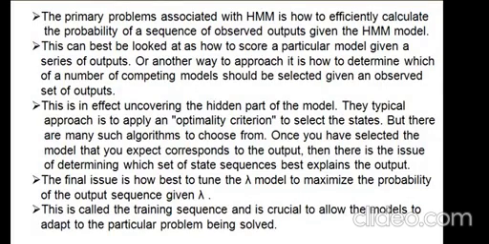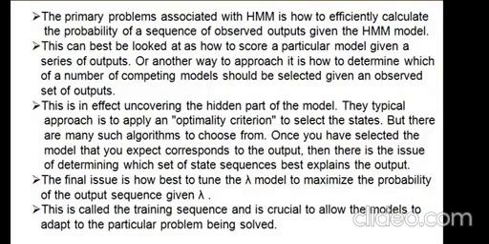Next, this is in effect uncovering the hidden part of the model. The typical approach is to apply an optimality criterion to select the states, but there are many such algorithms to choose from. Once we have selected the model that we expect corresponds to the output, there is the issue of determining which set of state sequences best explains the output.